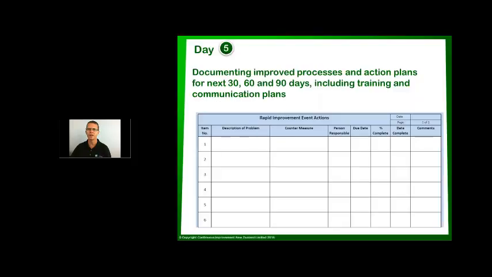And then day 5, it's about kind of bringing all those loose ends together, documenting all the actions that are needed to complete implementation, and generally that'll be a 90-day plan with reviews at 30, 60 and 90 days. And we also need to pull together training and communication plans.